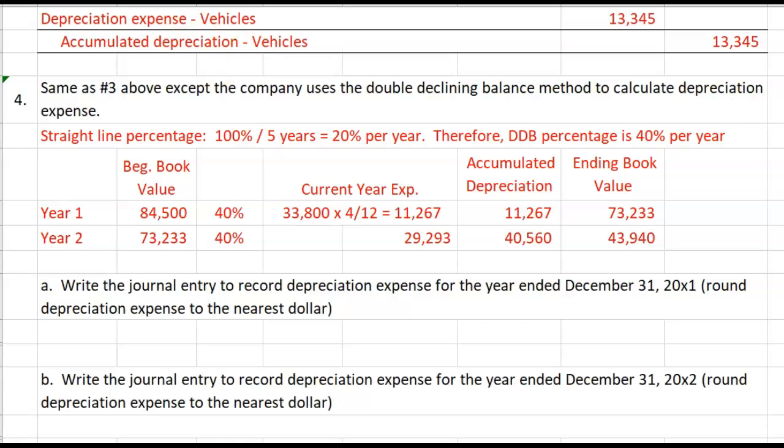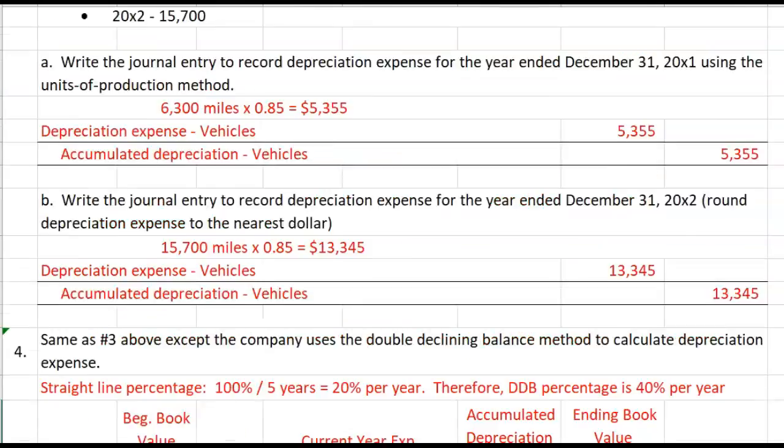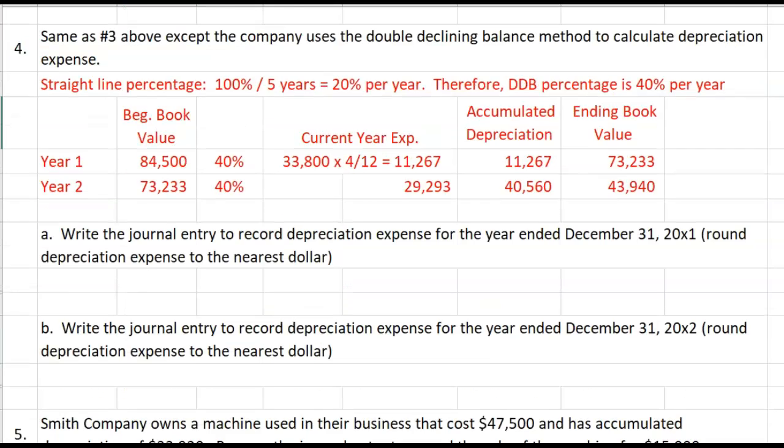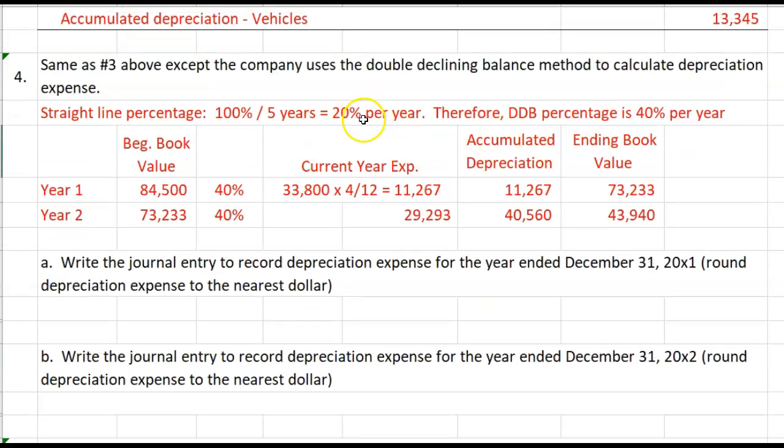So for a 5-year asset, and that's what this asset has, it says it's got a 5-year life, the straight line percentage would be 20% per year. 100% divided by 5 years equals 20% per year. So double that. Therefore, the double declining balance percentage is 40%, and we're going to calculate the expense every year using 40%.